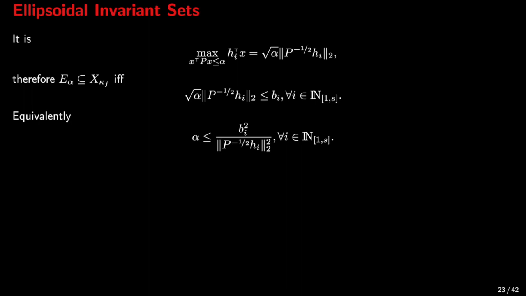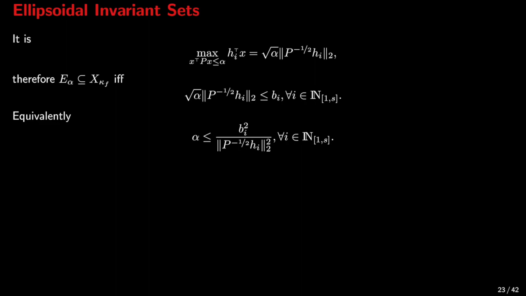Now if we solve for alpha, which is what we're looking for, alpha must be no larger than this quotient: b_i squared over the squared norm of P to the minus 1/2 h_i. And this must hold for all i, for i equals 1, 2, 3 up to s.